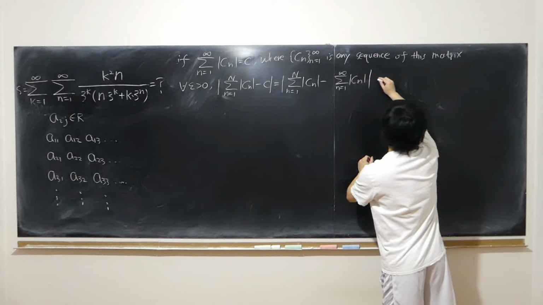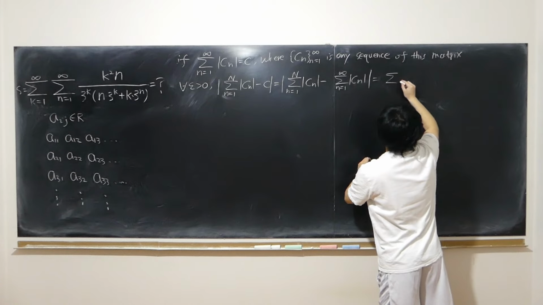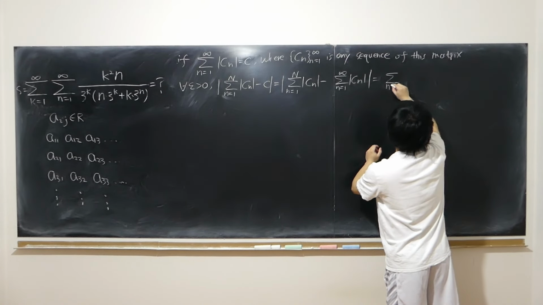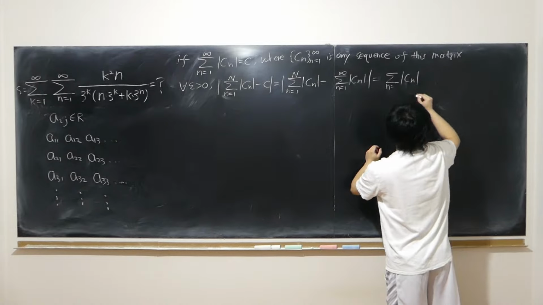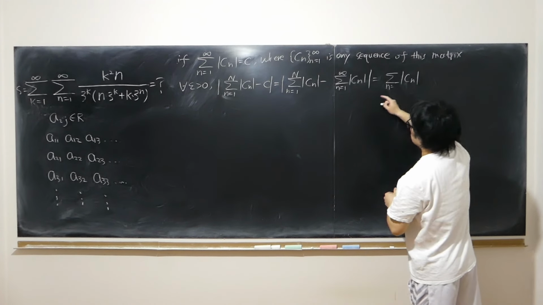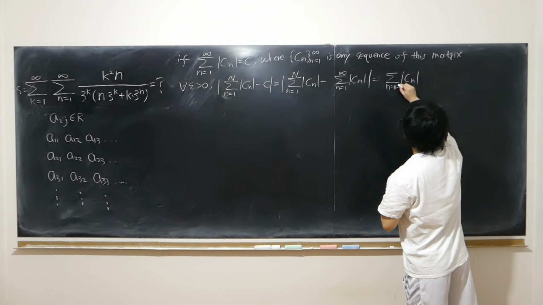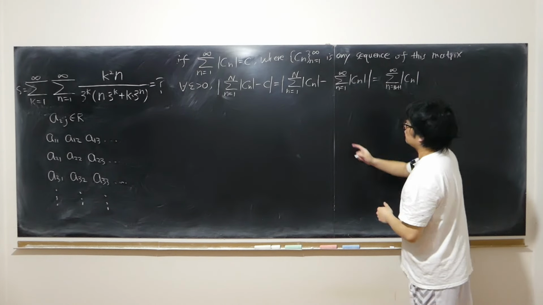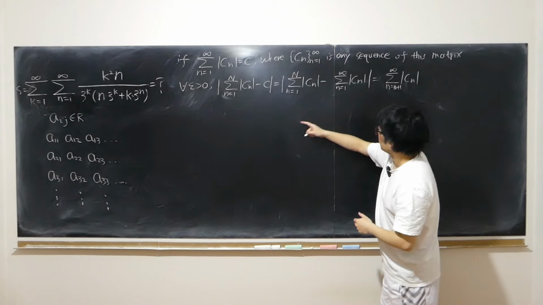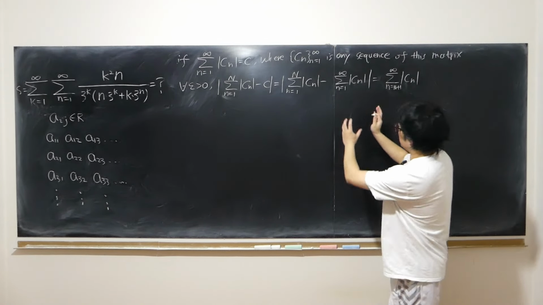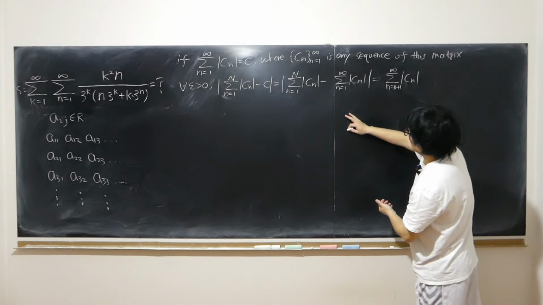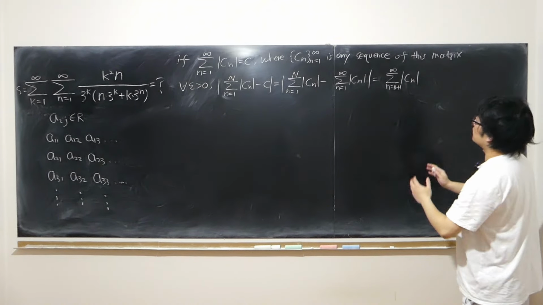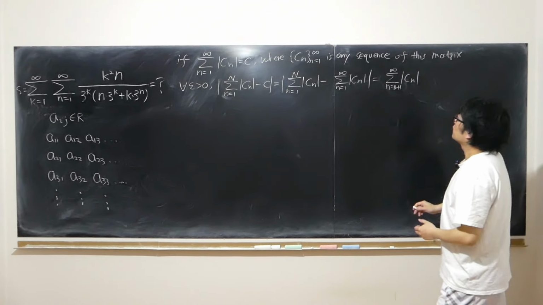Then the remaining term, which is already positive, has to be the sum from capital N plus 1 to infinity, because the difference between 1 to capital N and 1 to infinity has to be the terms from capital N plus 1 to infinity, absolute value.